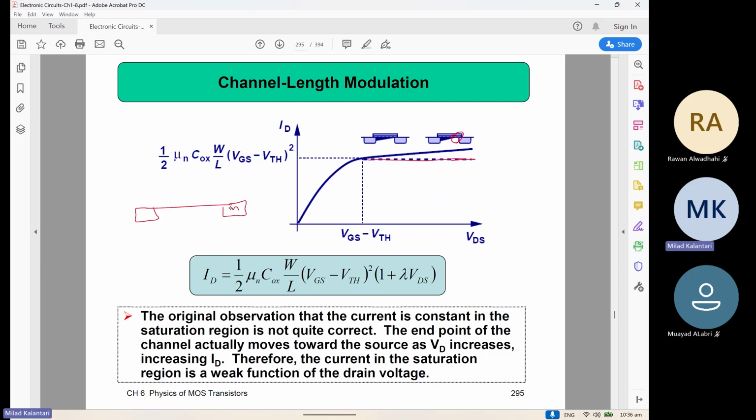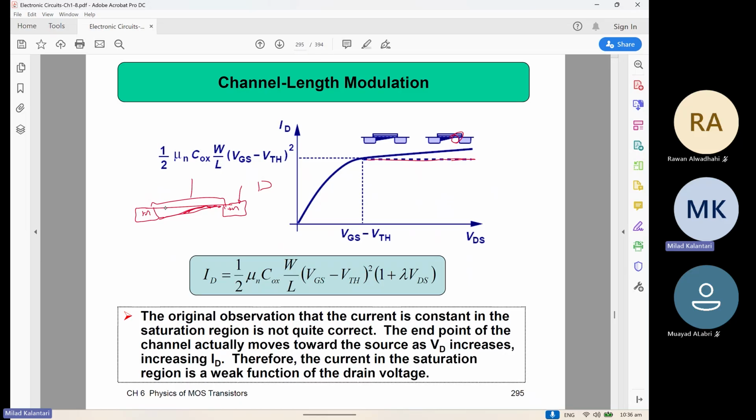So you have these contact points, and the charge density toward the drain starts to be pinched. If you increase the drain voltage more, the charge density will look more like this, and this pinched region is longer.